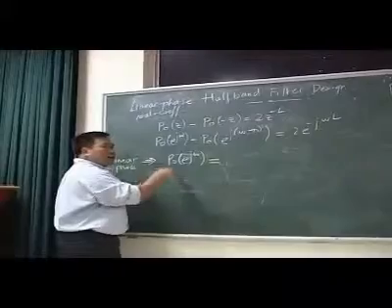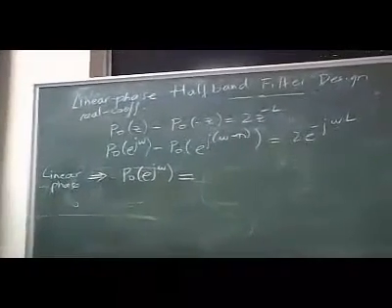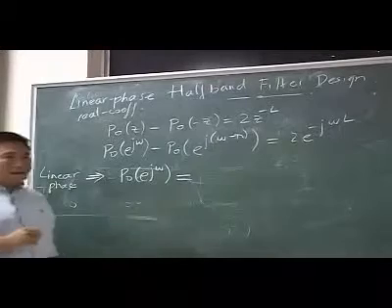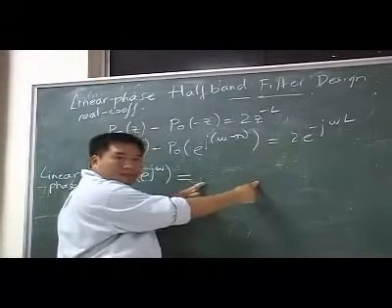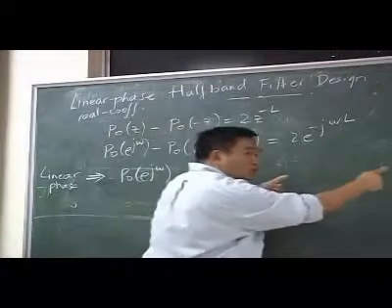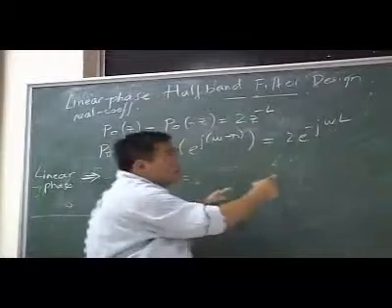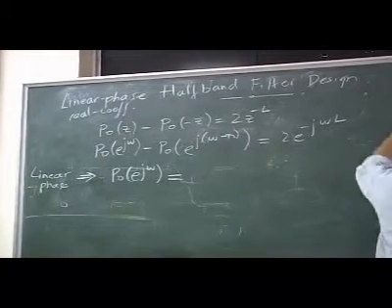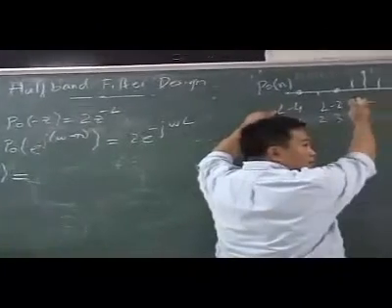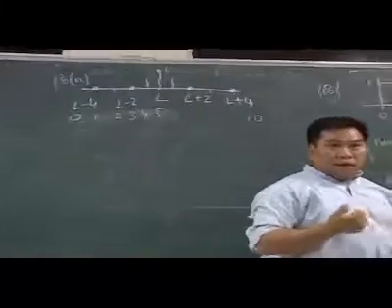If it's linear phase, how can I write this? There'll be a phase term, right? And there'll be an amplitude response term. Is that clear? Right. Linear phase is symmetric. I can factor out the phase, and then what is left? It's the sum of both sides. You need to remember how to do this, right?